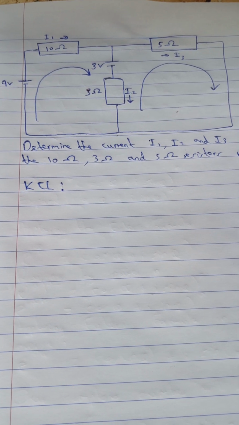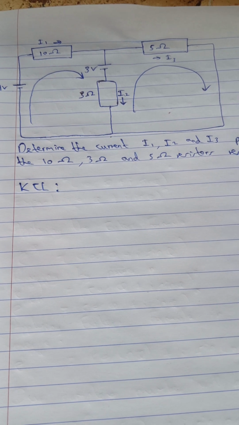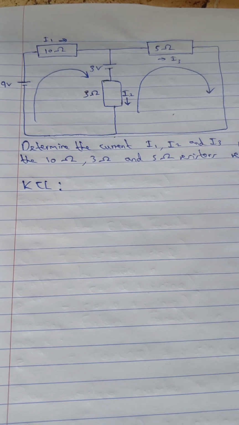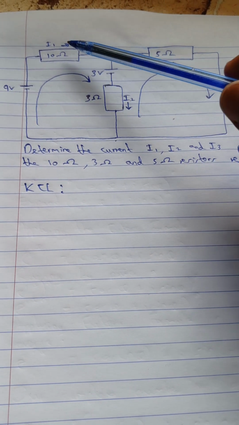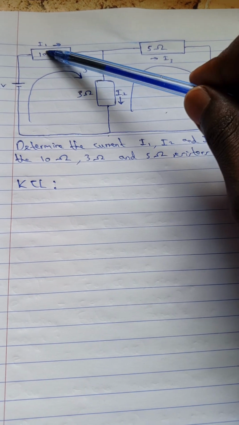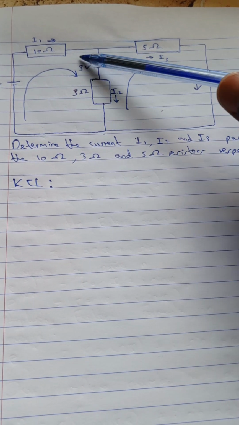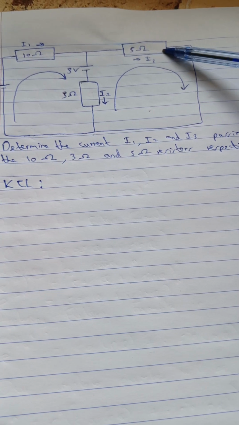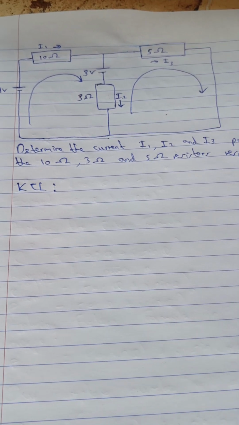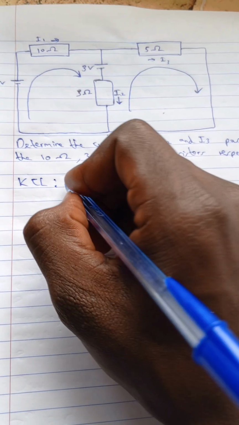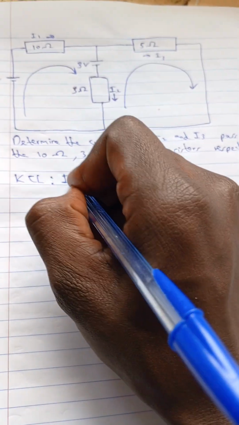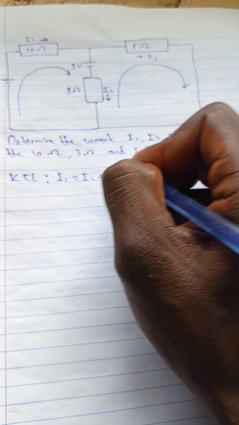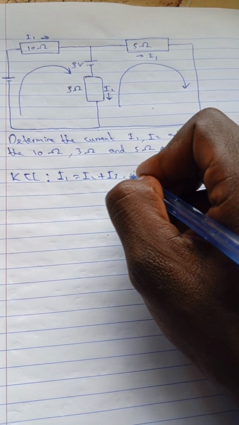And from the definition of the Kirchoff's current law, you will find that this current passing here is equal to the current that branches to this direction and the remainder passes through this other direction. So from that, we can say that I1 is equal to I2 plus I3. We can let that one be our equation 1.